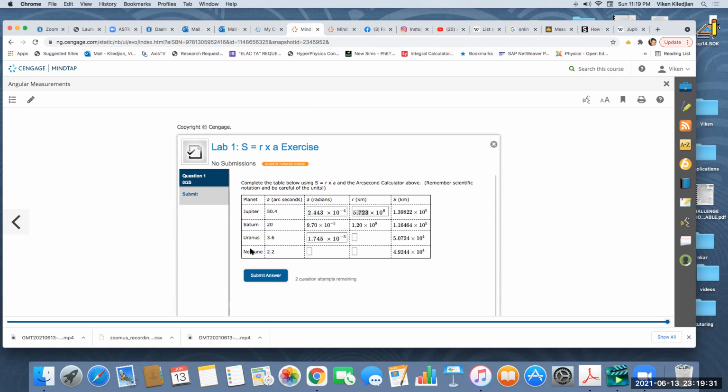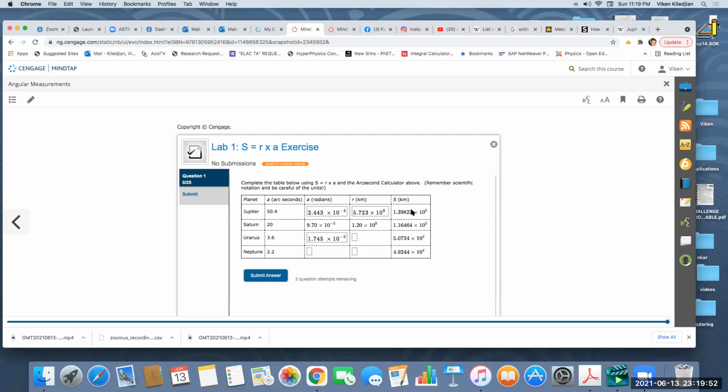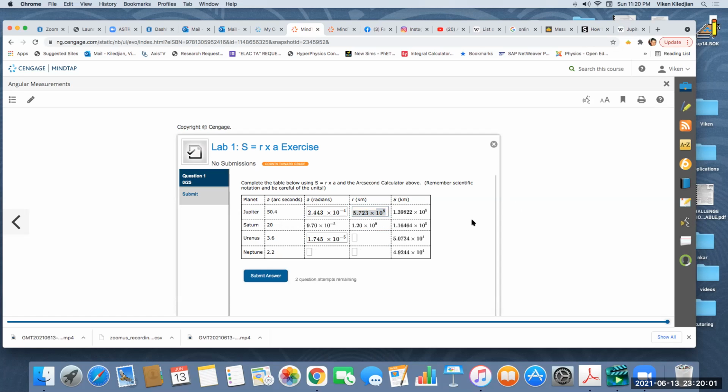Okay, now for one of these rows, either Jupiter, Uranus, or Neptune, show your work. In other words, show how they're getting the radians from this, show how they're doing the conversion, and how you are getting the R, just like I showed on the whiteboard, right?